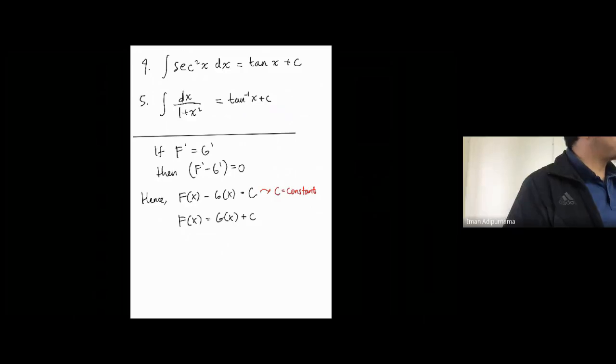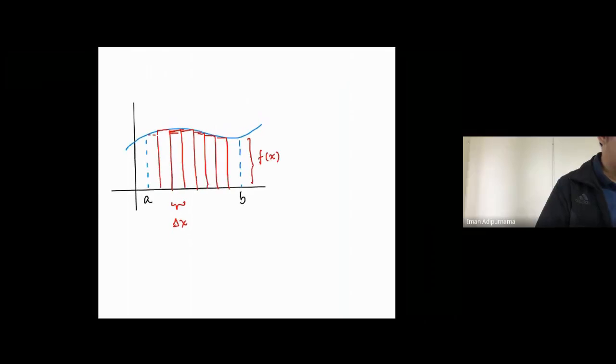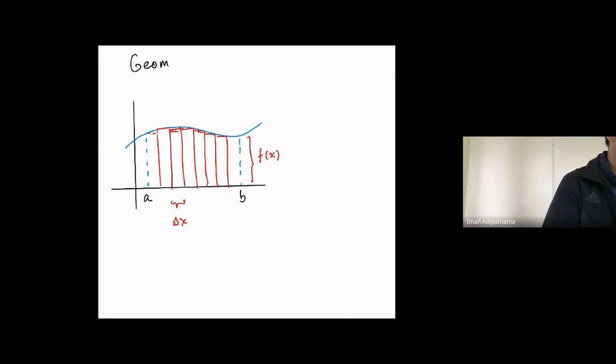I will move to the geometrical approach now, and later go back to the fundamental theorem of calculus. To start with, this is the geometrical approach.